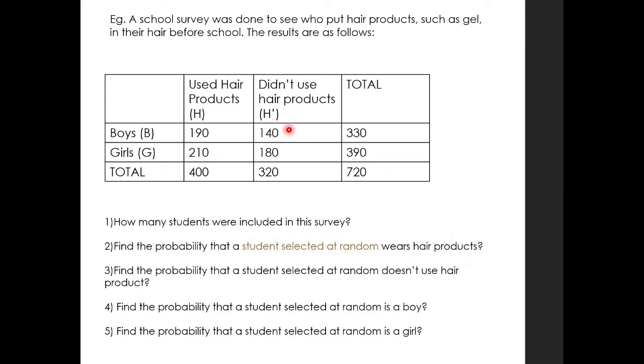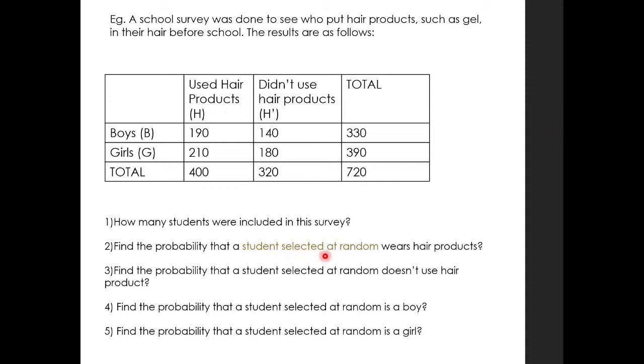We look at the past, how many people wore hair products, right? 400 out of 720, and we apply that to the future. So a random person, we randomly select a student, he has a 400 divided by 720 chance, right? So that's the whole point of two-way tables of counts, is to use your table and apply it to a randomly chosen person, right? Take the past, apply it to the future.